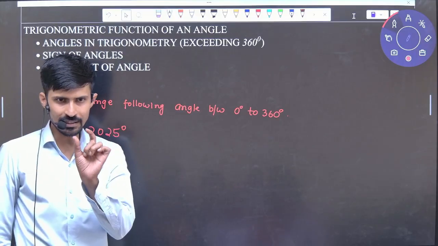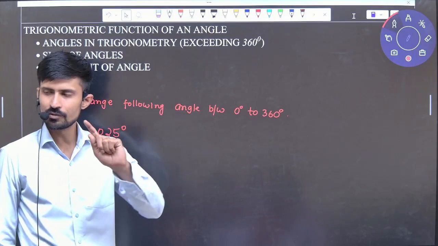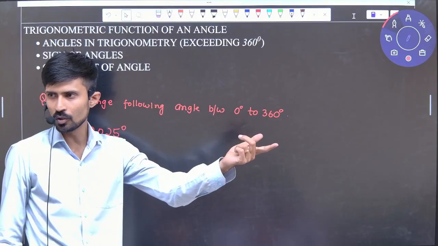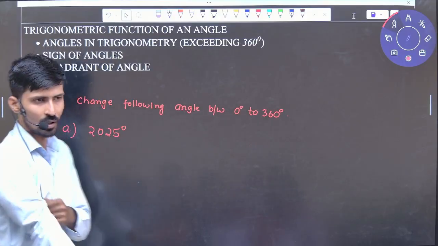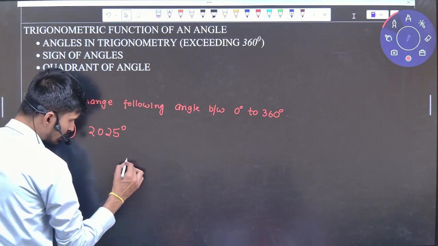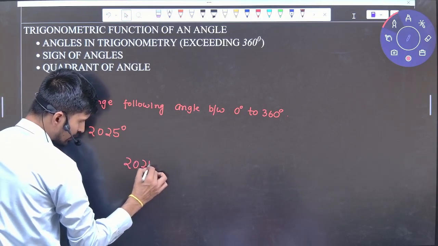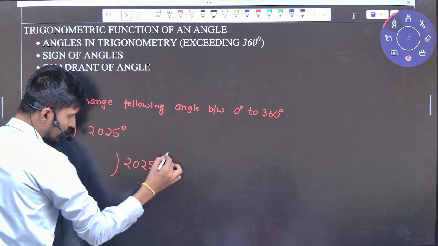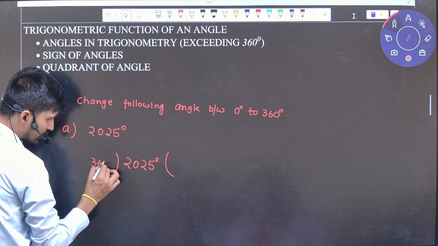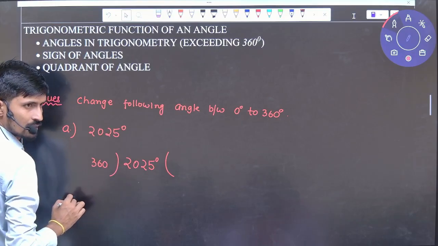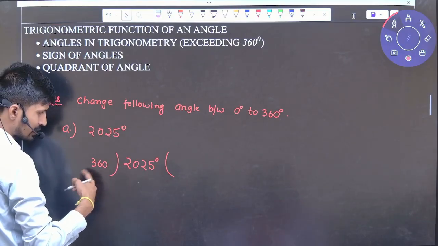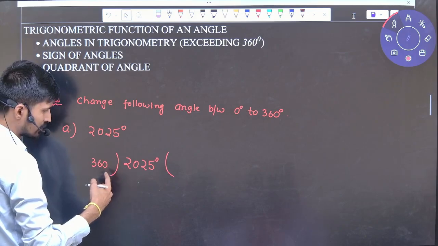Now see, this is a small calculation which will make a big question after 2 or 3 lectures. So first of all, we have to divide this 2025 degree by 360 degree. I think 6 times it will work.